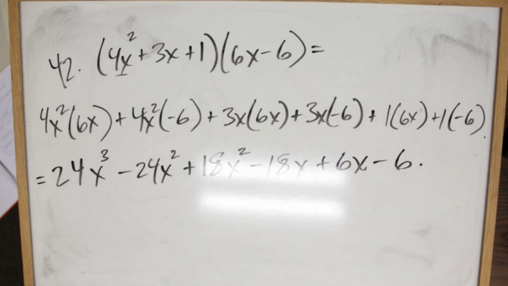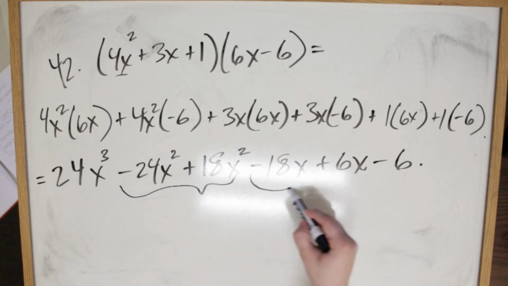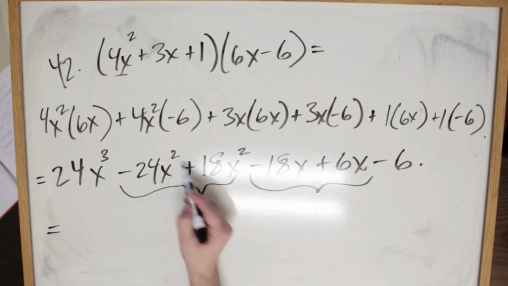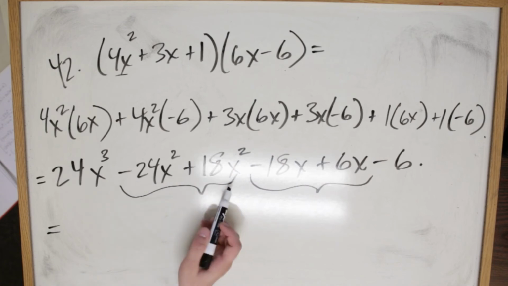Okay? So you can see I've got all of these terms all multiplied out and all simplified. Now, notice this right here and this right here. These are like terms, so I can combine them. Because they have the same variable with the same exponent, these two things can be combined.